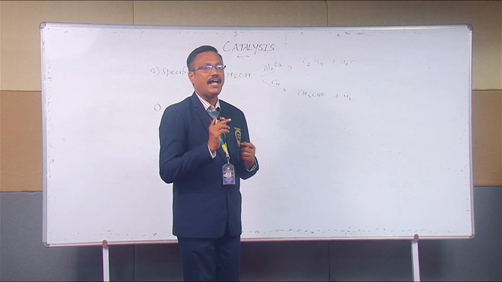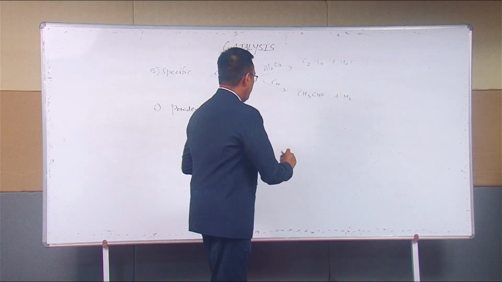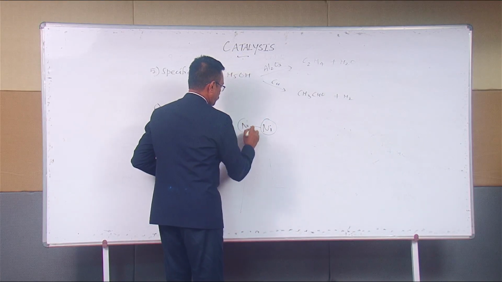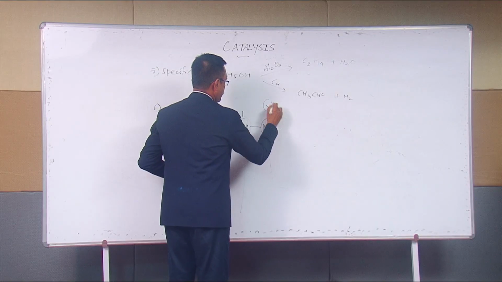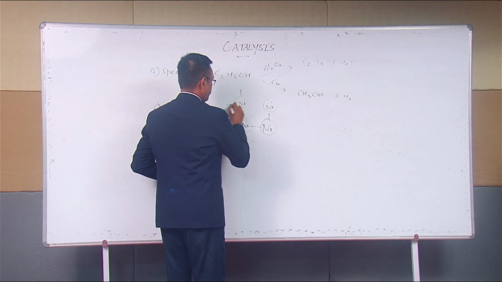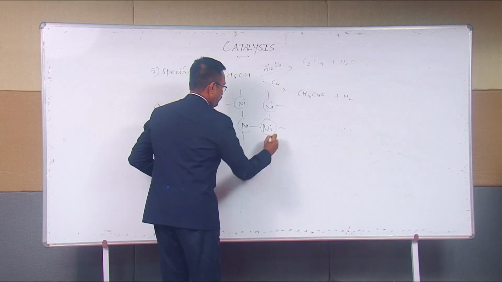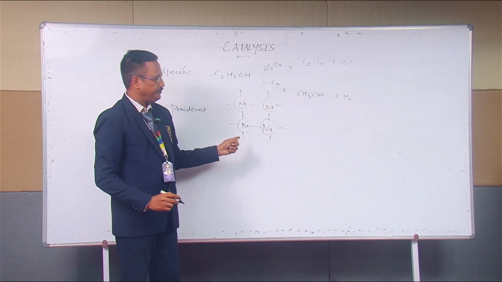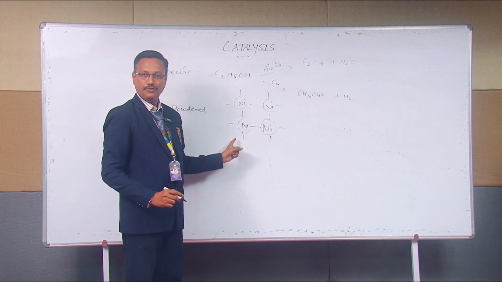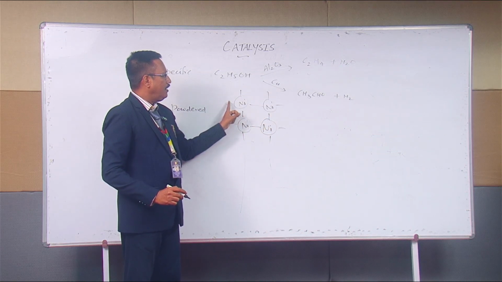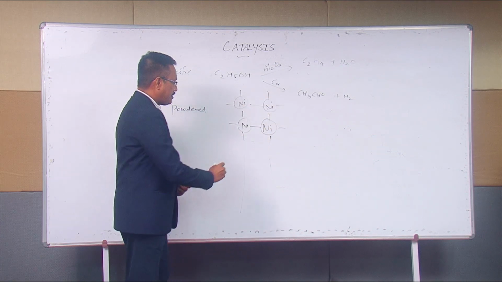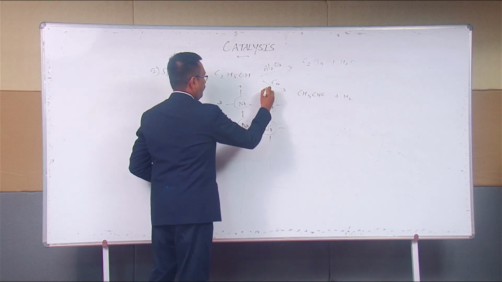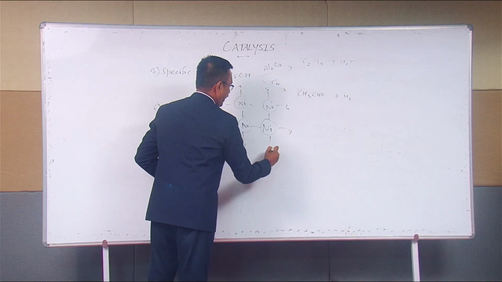Let us assume we have a nickel catalyst, nickel in the solid state. How many nickel atoms are there? 4 nickel atoms. How many active sites are here? Let us count. 1, 2, 3, 4, 5, 6, 7, 8.